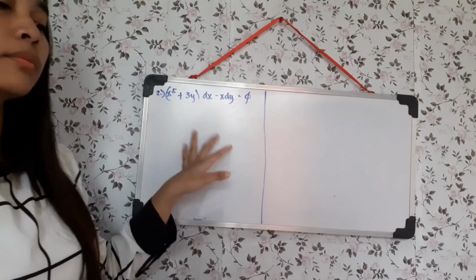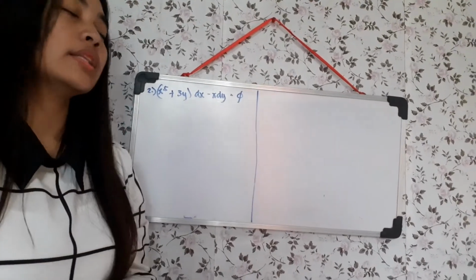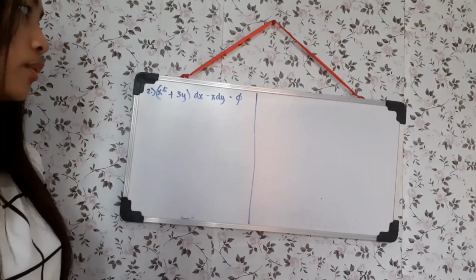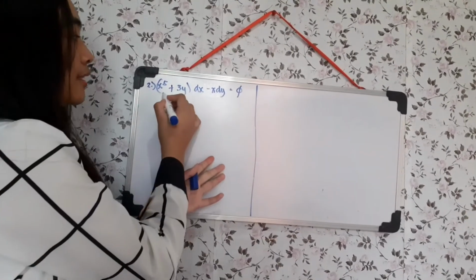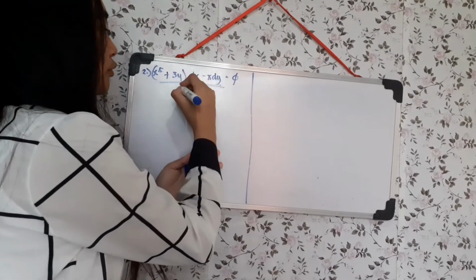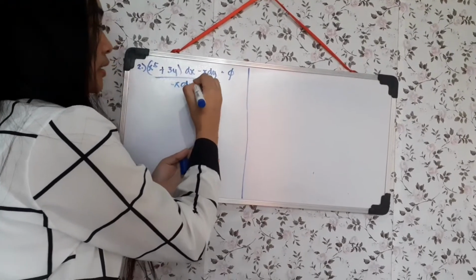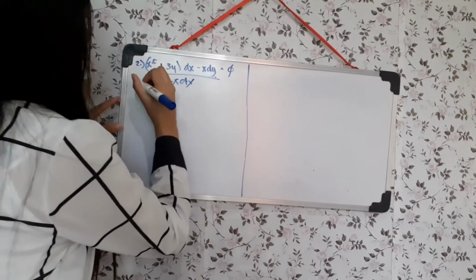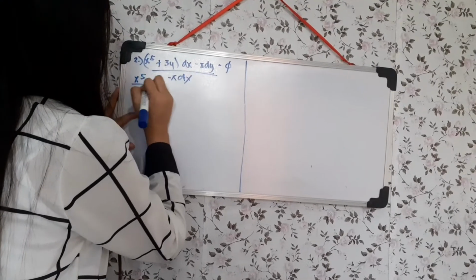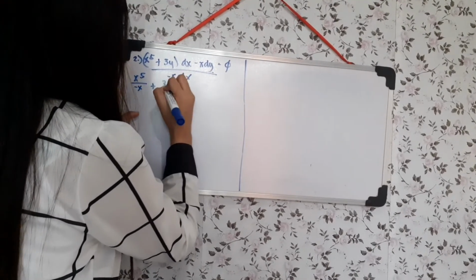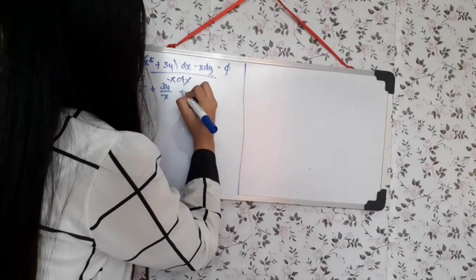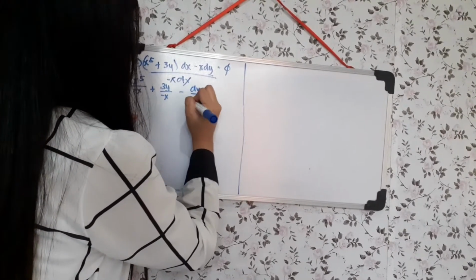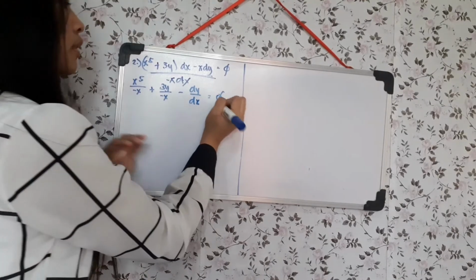So for example number 2, we have (xp + 3y) dx - x dy = 0. First, divide both sides by negative x dx. So we got xp over negative x plus 3y over negative x minus dy over dx is equal to 0.